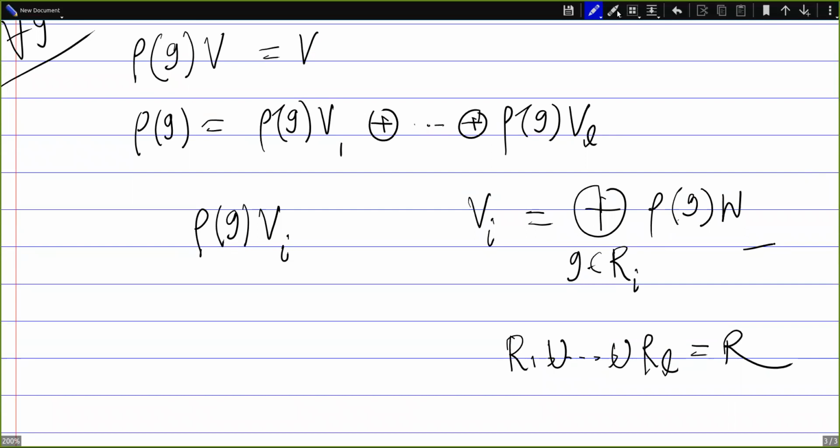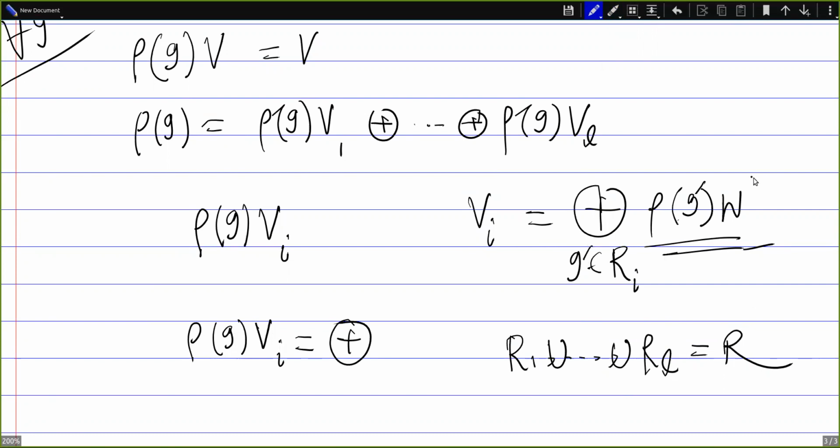Well, I think I should change the notation. Let's write g prime here. So once we apply rho g to Vi, then certainly we should have rho g prime W.